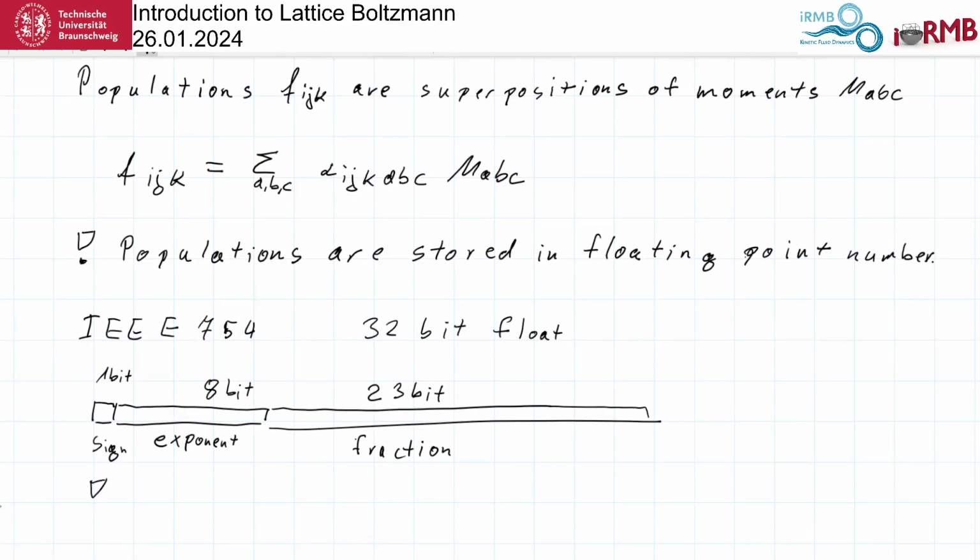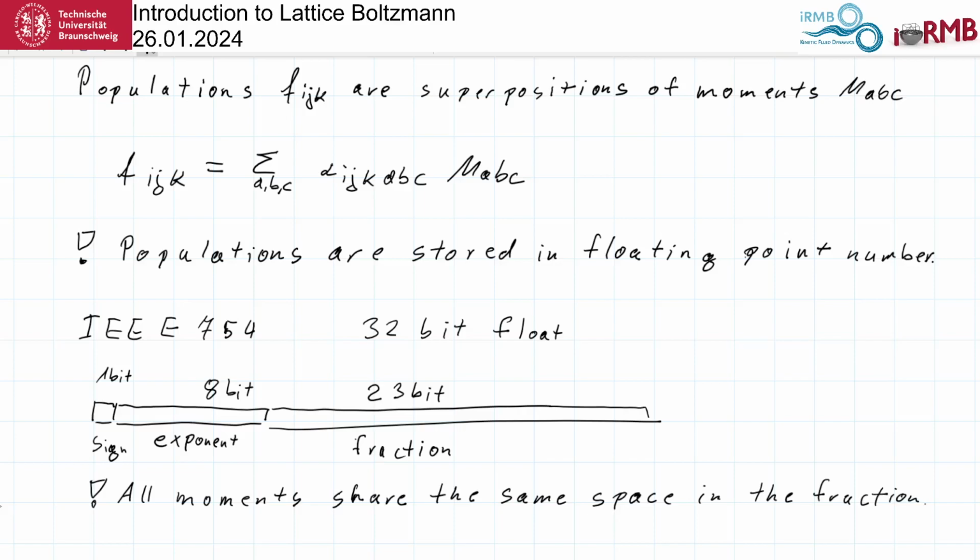Now what we need to do is put all our moments in this, and understand that all moments share the same space. This is a kind of different from the Navier-Stokes equation, where you have the pressure and the velocity in separate variables.